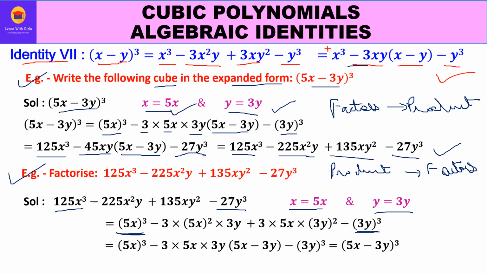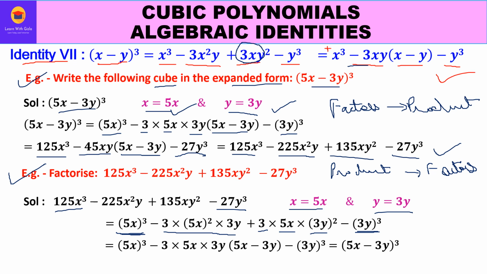And in the middle you have what? Minus 3x square y. So minus 3x square y, that is minus 3 into 5x whole square into 3y. Then you have 3xy square, so accordingly you will write 3 into 5x into 3y whole square. Right, these are the middle terms.